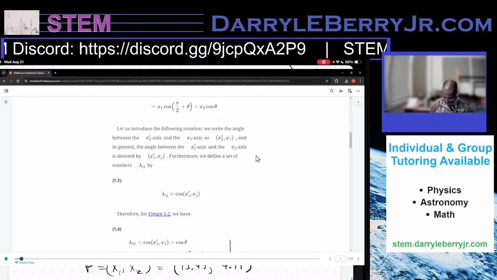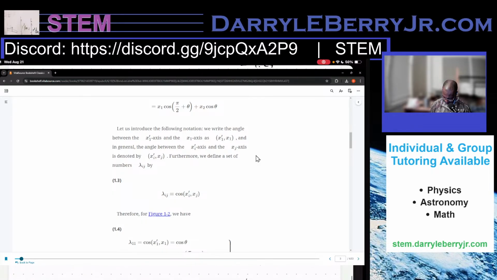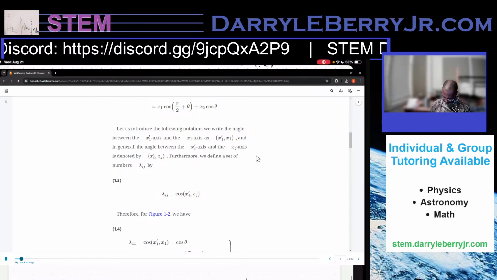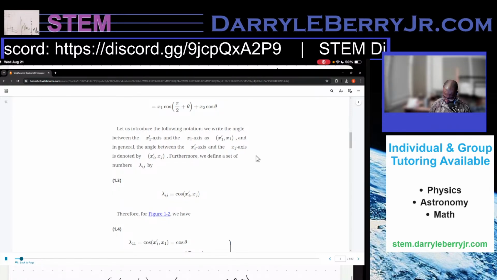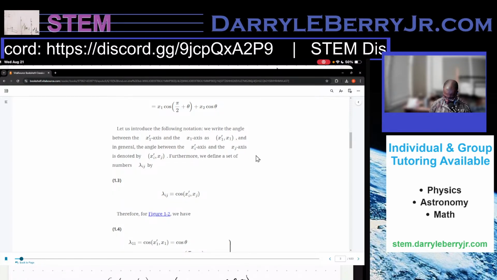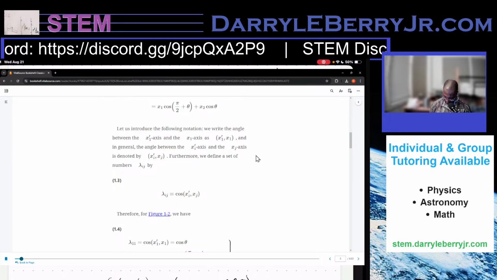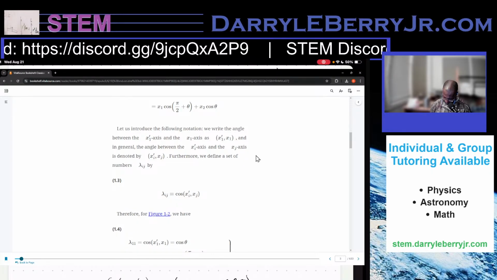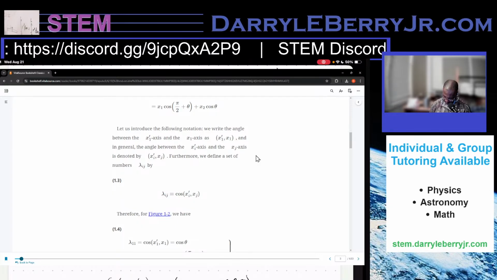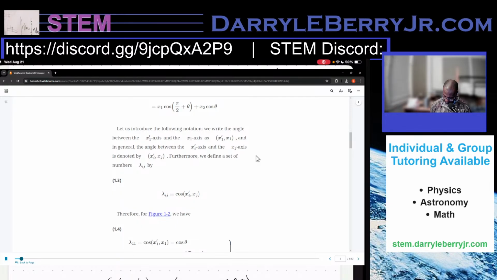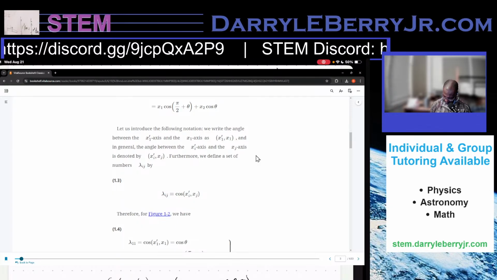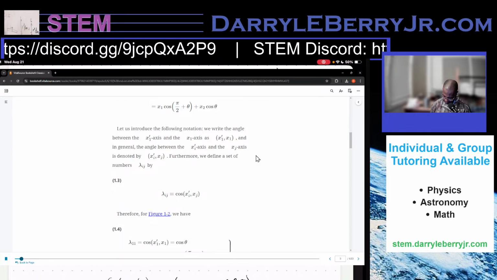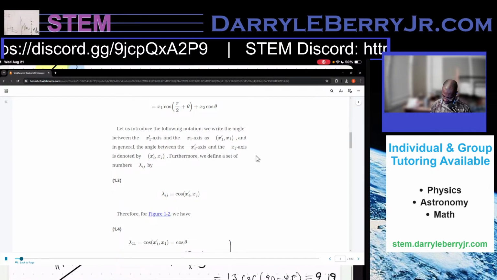And the y prime would be the negative x cosine 90 minus theta plus y cosine theta.